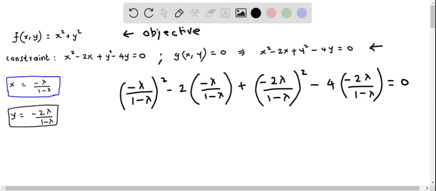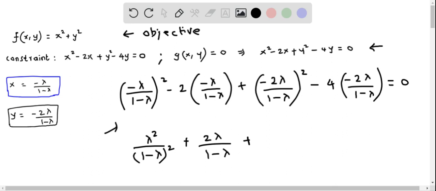So let's simplify this. The first term, when you square it, we get lambda squared divided by (1 minus lambda) squared. Minus 2 times negative lambda becomes positive 2 lambda in the numerator divided by 1 minus lambda.